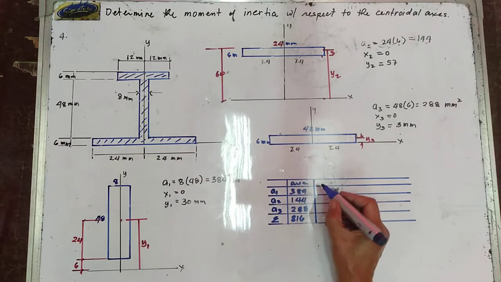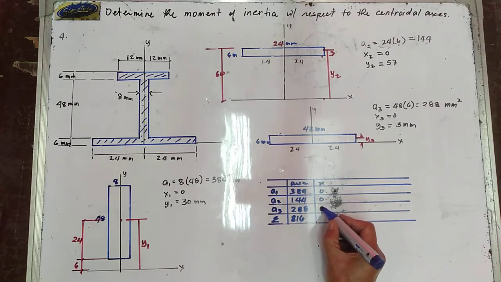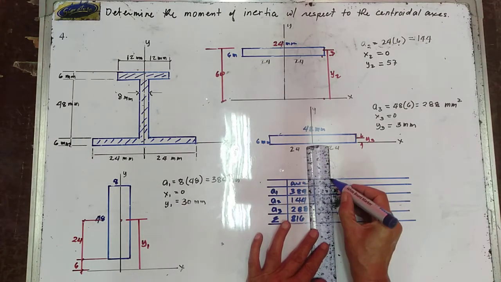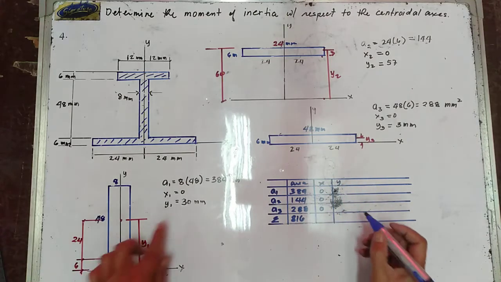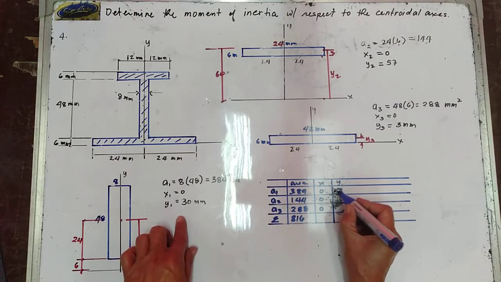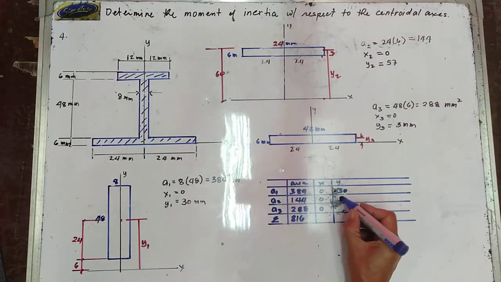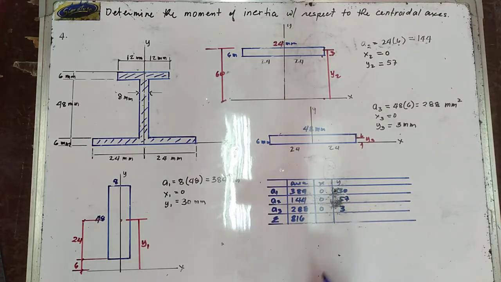So we have your x: 0, 0, and 0. And then we now have your y. Your y1 is 30 mm, y2 is 57 mm, and y3 is 3 millimeter.